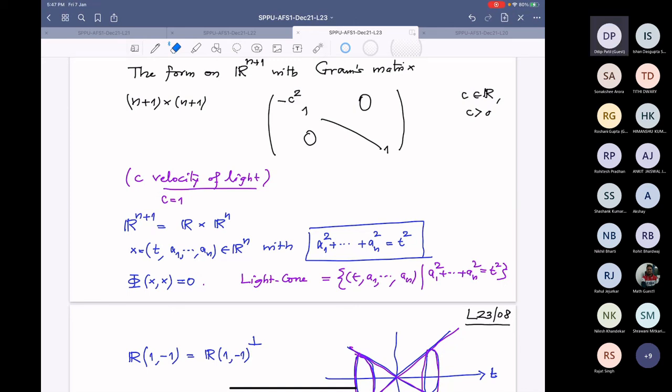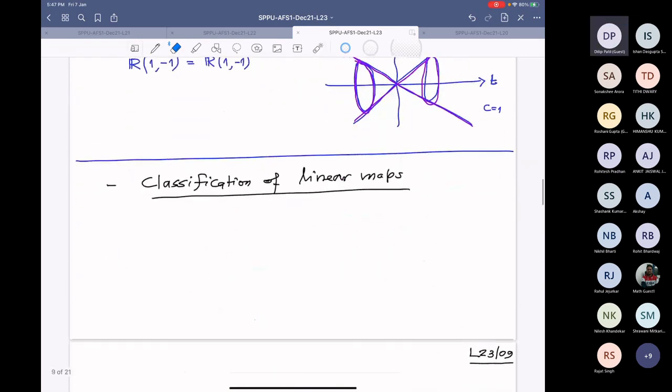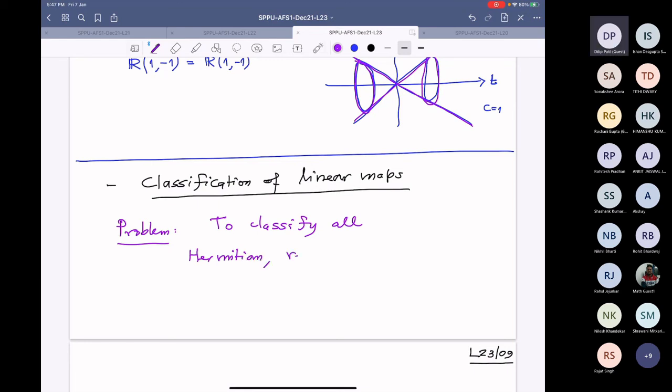I want to use this. I want to classify. So the problem is to classify all Hermitian, respectively, Skew Hermitian forms.